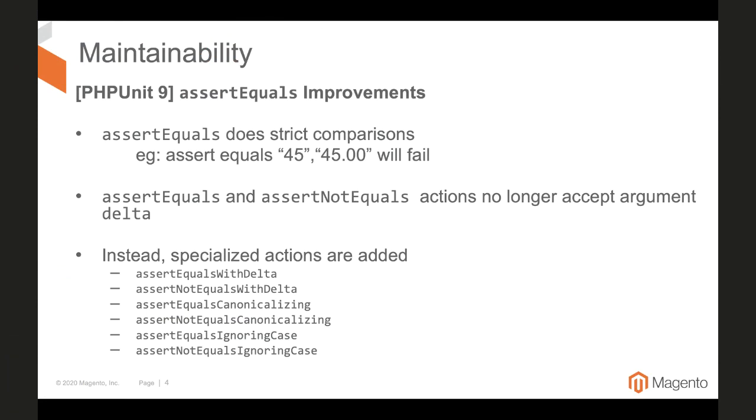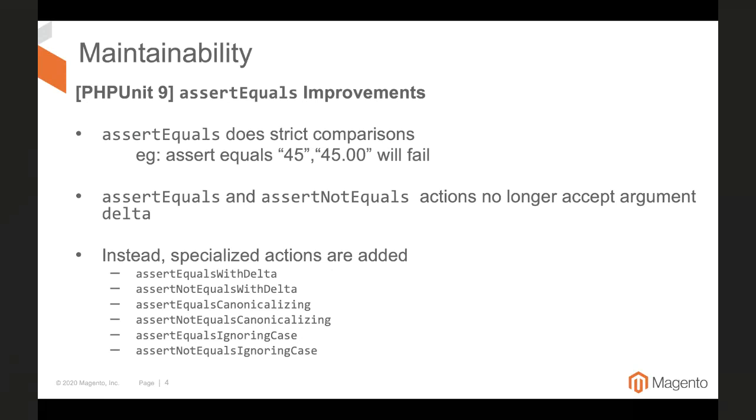We also removed the delta argument from assertEquals and assertNotEquals. Delta used to let you say that two things were equal within some sort of delta. So I think if you said 44 was equal to 45 and then you gave it a delta of 1, it would be true in that case.